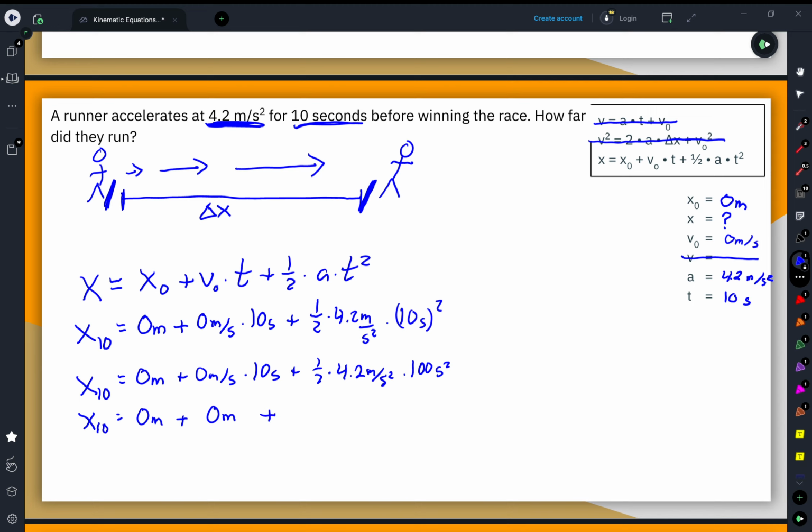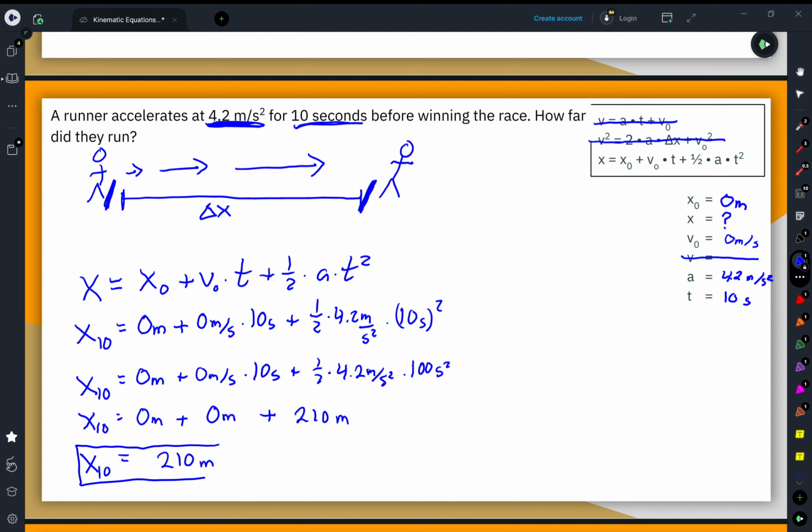Plus this last term, 1/2 times 4.2 times 100 is going to be 210. The second squared and the second squared end up canceling out, leaving me just with my units of meters. The last step I need to do is just to add these together. So that's going to be 0 plus 0 plus 210 is equal to 210 meters.